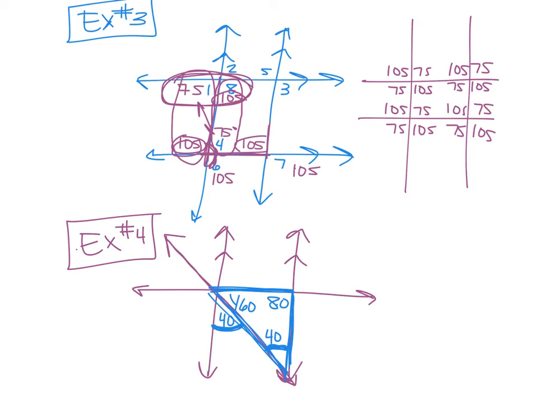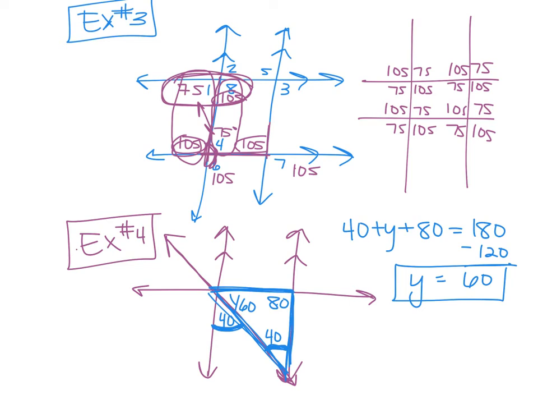So it's up to you how you want to see that. I would do 40 plus Y plus 80 equals 180, and then take away that 120. So Y would be 60. Or you can see it as alternate interiors there. Okay? Questions?